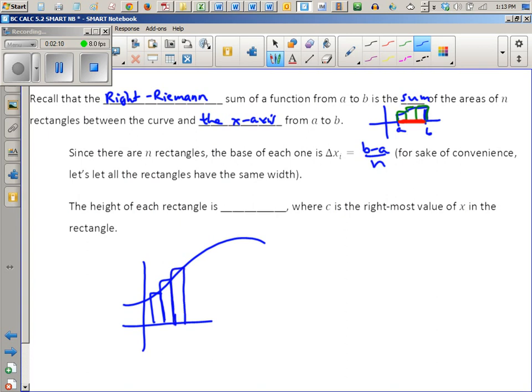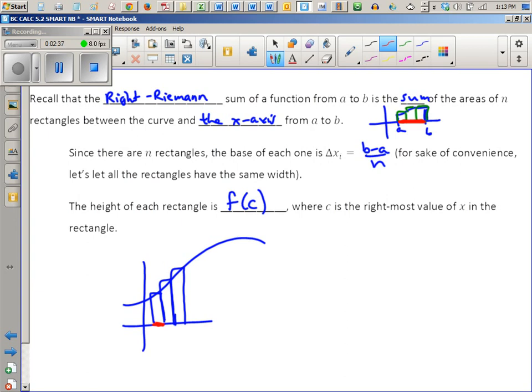And the height of that rectangle is dictated by the rises and falls of that function. So, in a very real sense, we can say that the height of each rectangle is f of x. Wherever you're at, that's the height. Okay, so it turns out that it's actually f of c, where c is the rightmost value of x in the rectangle. So I'll just draw a quick sample here.